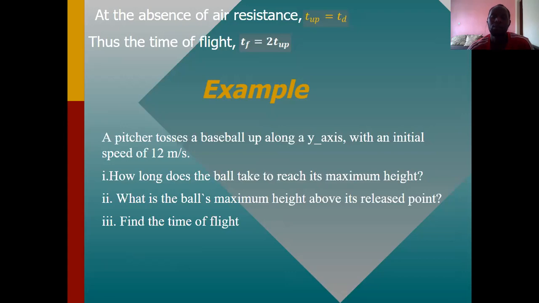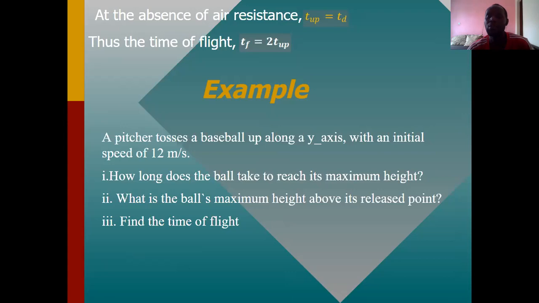Here we have an example. Try to do it on a paper. A pitcher tosses a baseball up along a y-axis with an initial speed of 12 meters per second. 1. How long does the ball take to reach its maximum height? 2.